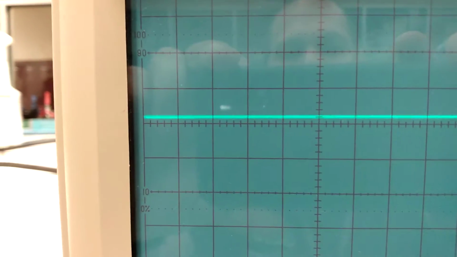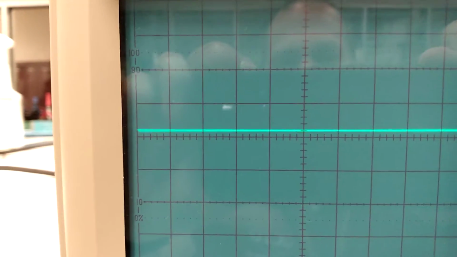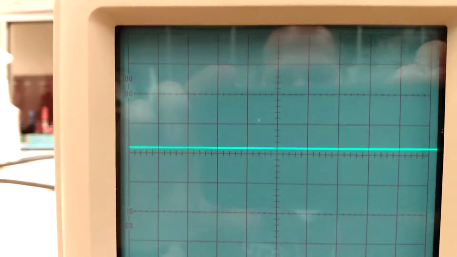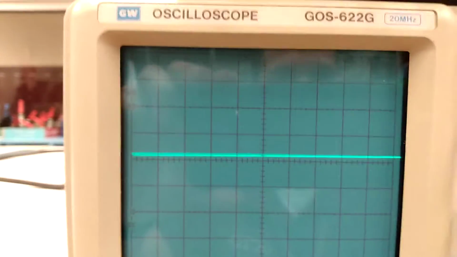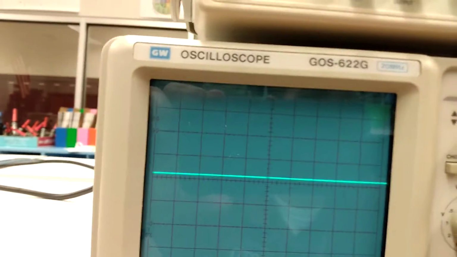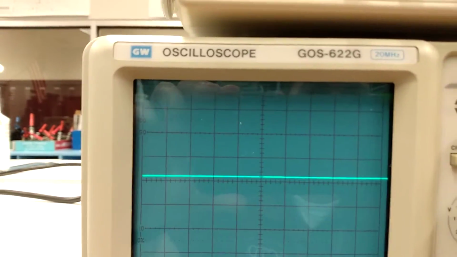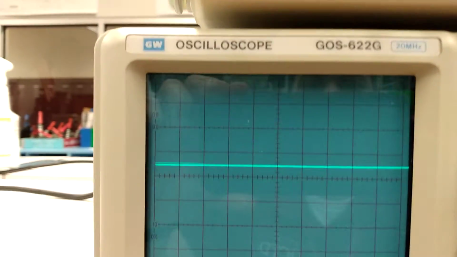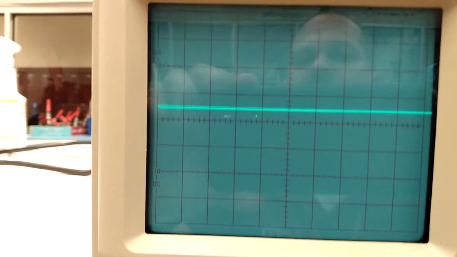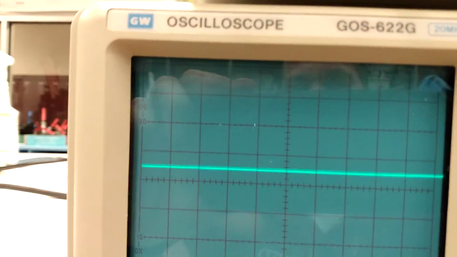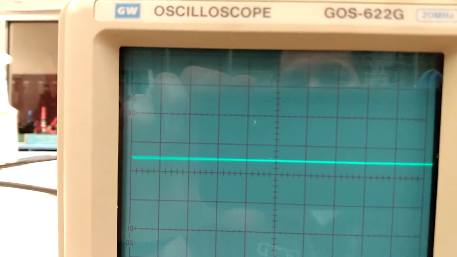It looks like we're one little hash mark above the 0. Now, this is zoomed out too much to know exactly what that value is, so we can change our volts to the division and get a little more precise here by going 1 volt, but that still doesn't quite give me enough. You can see I'm just above the halfway mark there.